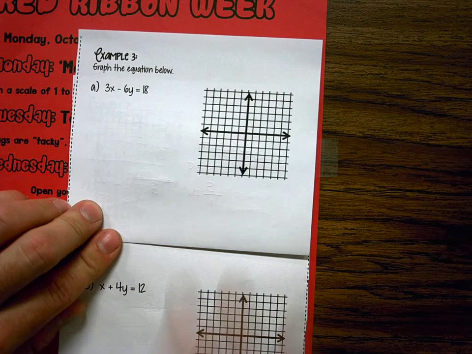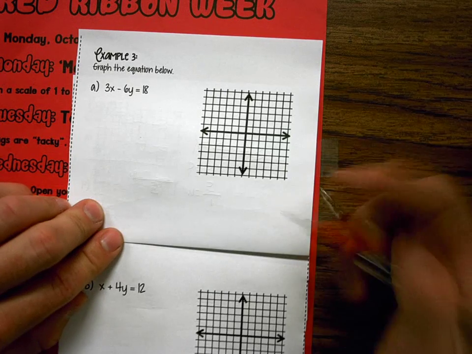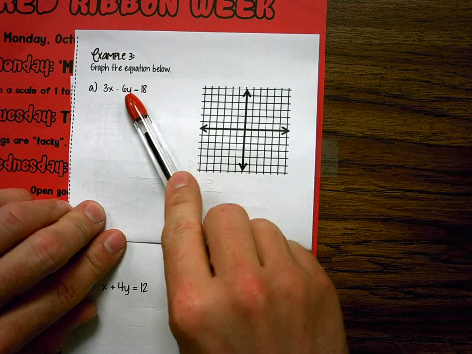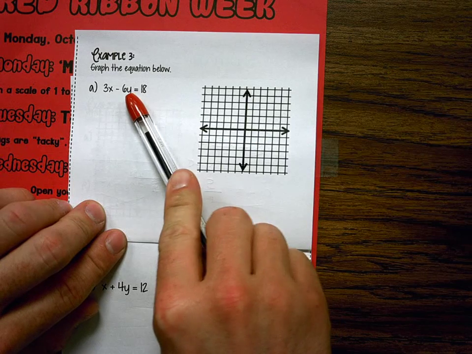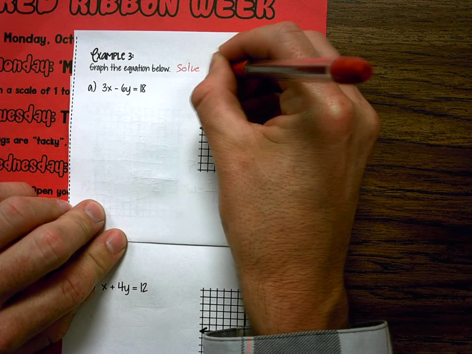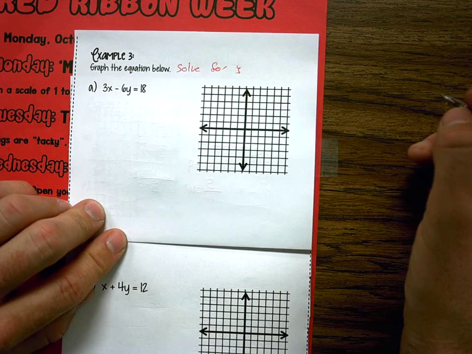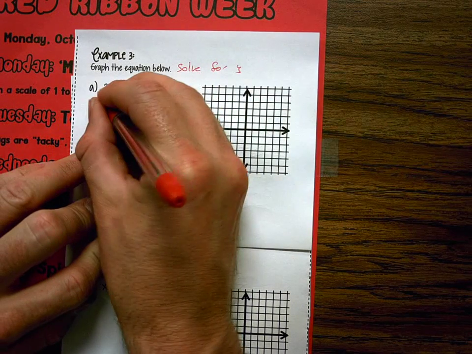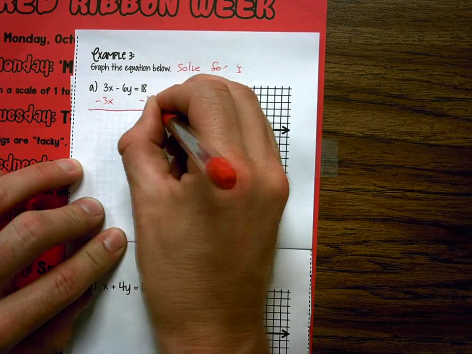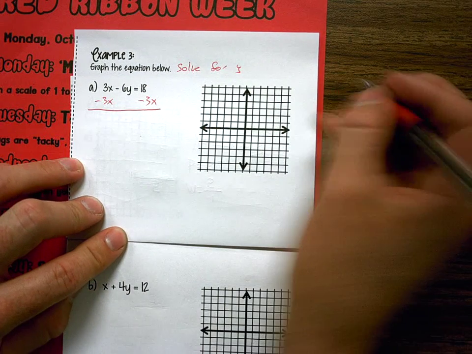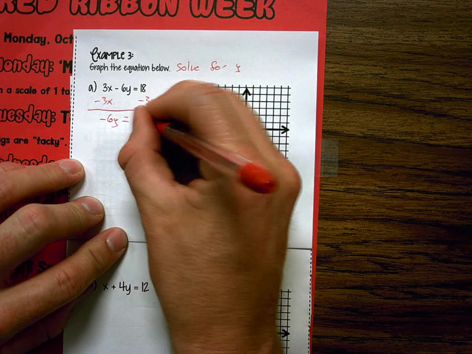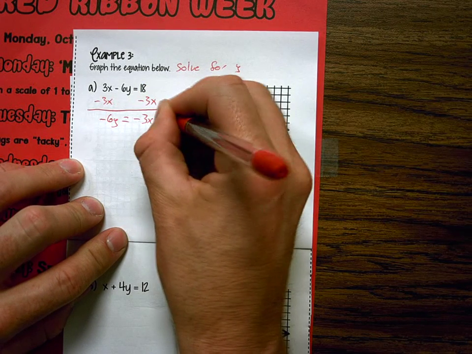Okay, now I have to graph this equation. I don't know what to do, but I can solve for y and get it in slope-intercept form. So solve for y. Subtract 3x on both sides. I get negative 6y equals 3x plus 18.